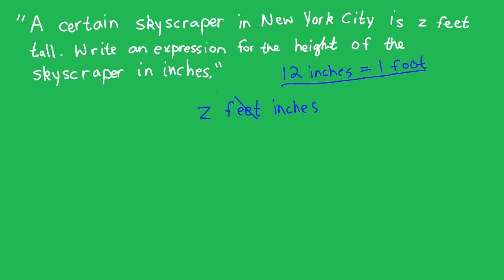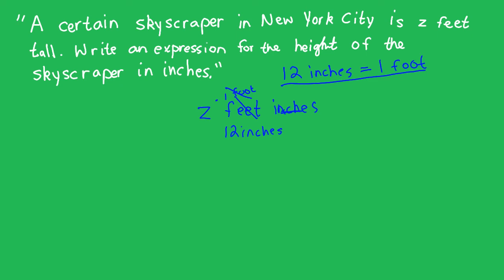Now you can think of this as being z times 1 foot. So you just multiply the z and the 1 together and leave the units alone. So if, say, z was 100, it'd be 100 times 1 to get 100 feet. So what we can take here is this 1 foot and cross it out and put in 12 inches, because that's what we know to be equivalent to 1 foot.